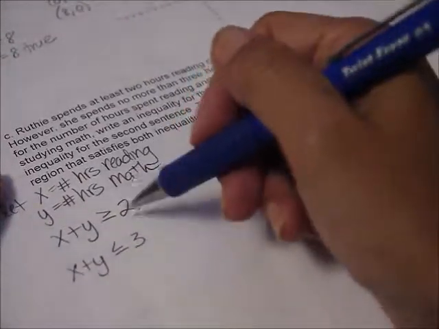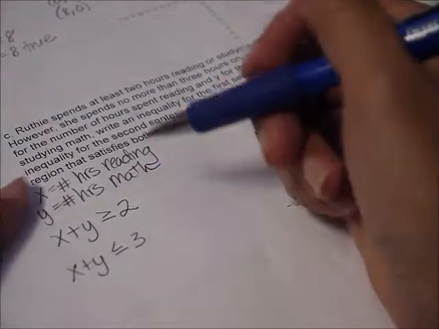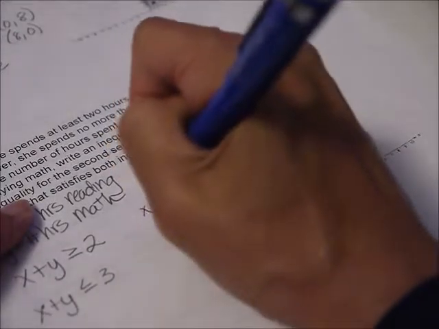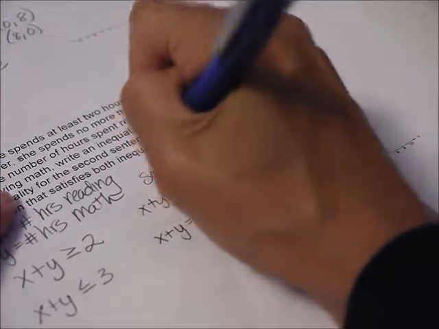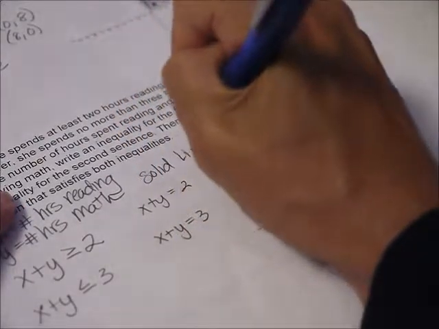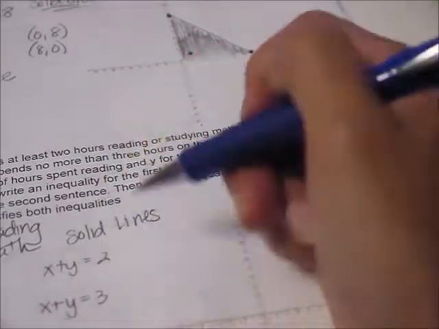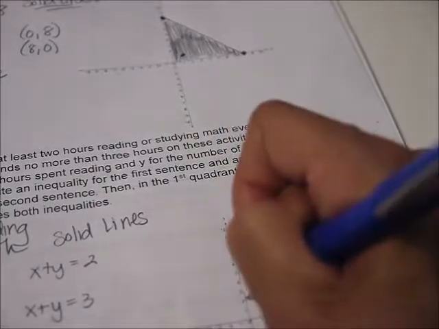So we have two inequalities we're going to graph here. And their boundary equations are x plus y equals 2 and x plus y equals 3, and these are solid lines. You could have 0 plus 2, so x could be 0, y could be 2.